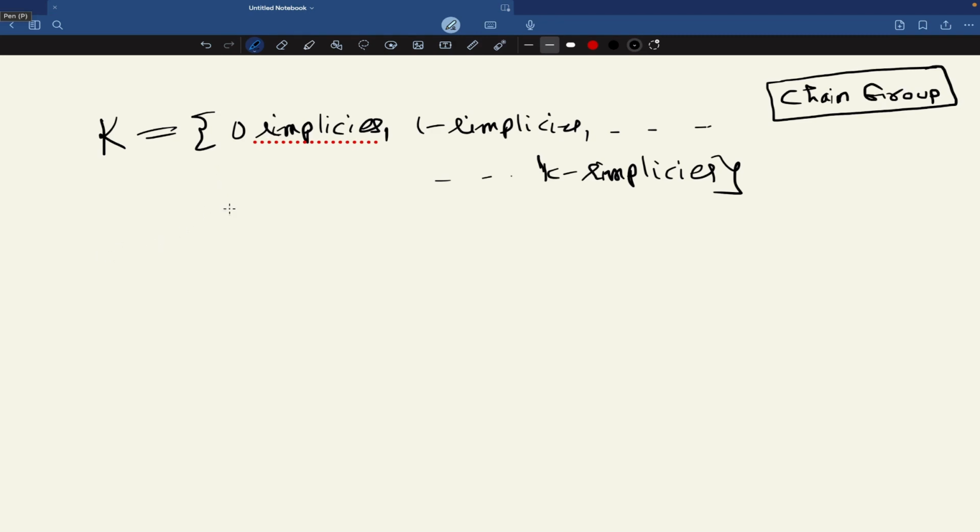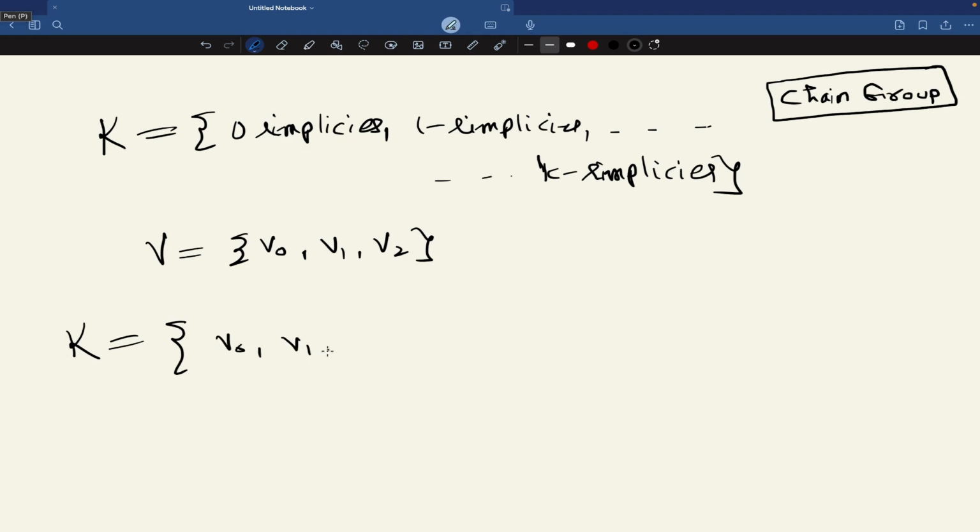If we take an example, let's say the vertex set is v0, v1 and v2. If we write a complex K on this vertex set, we will first include the 0 simplices, that is v0, v1, v2, and then we have 1 simplices, v0 v1, v0 v2, v1 v2, and then we have 2 simplices. So the 2 simplex is only v0 v1 v2 here.